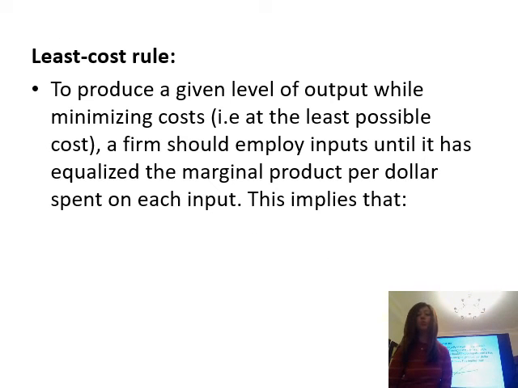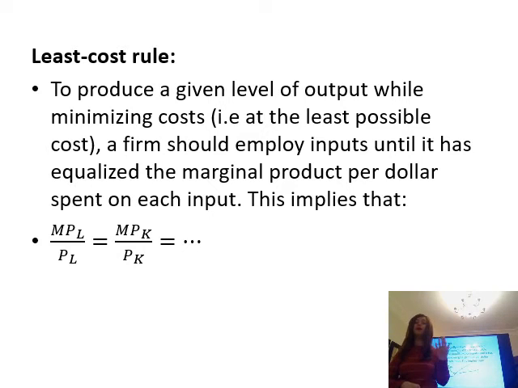So the least cost rule would be: to produce a given level of output while minimizing costs, a firm should employ inputs until it has equalized the marginal product per dollar for each input. Assume that there are only two inputs utilized, labor and capital. To reach the minimum cost combination of these two inputs, you should set the marginal product of labor divided by the price of labor equal to the marginal product of capital divided by the price of capital.